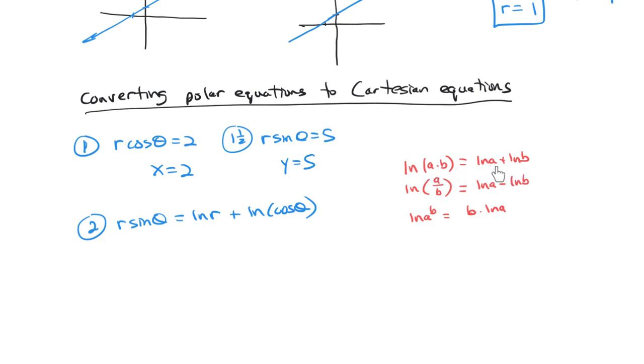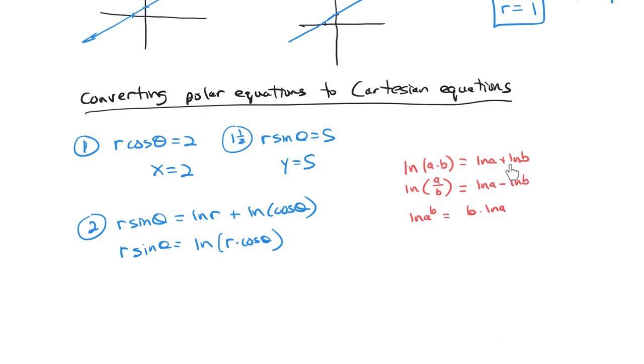We've got this condition here, so I'm going to just move it over here. We go the opposite direction. Okay, so I'm going to say, well, r sine theta equals the natural log of r times cosine theta, right? We're just going in this direction backward.